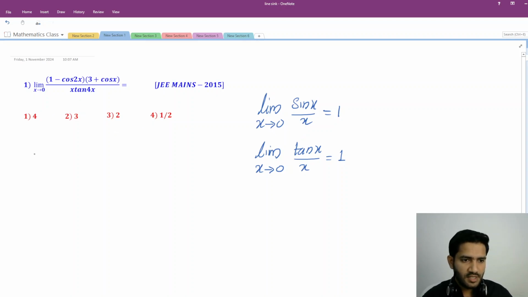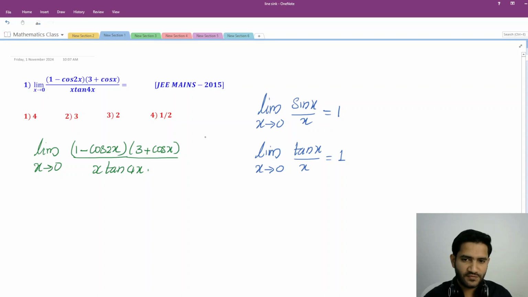So we are using these two results here. Here's the question: limit x tends to 0, 1 minus cos 2x, and here we have a multiplication with 3 plus cos x, divided by x tan 4x.